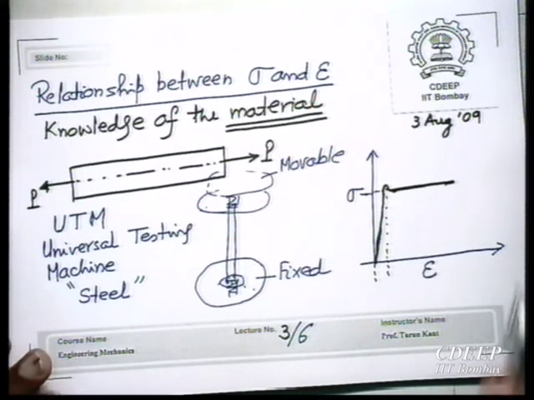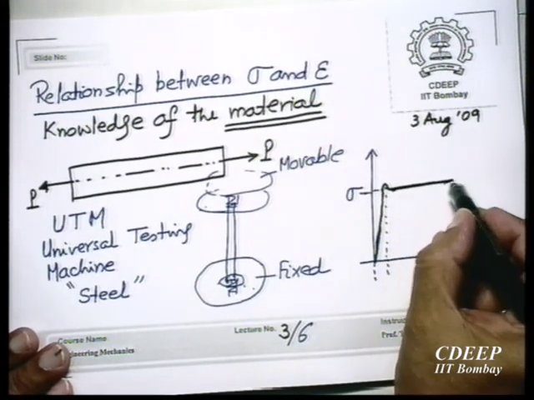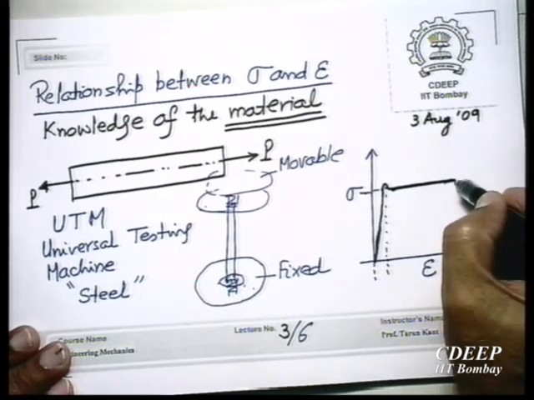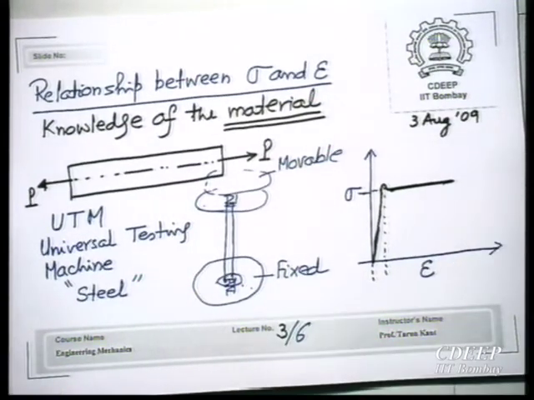Okay. So, this we call the flow region, the material flows, and then after some time some rearrangement of particles inside the material takes place. We say that the material gets hardened, there is some hardening of the material. Once it hardens from flow, from plasticity, then again it takes some load.